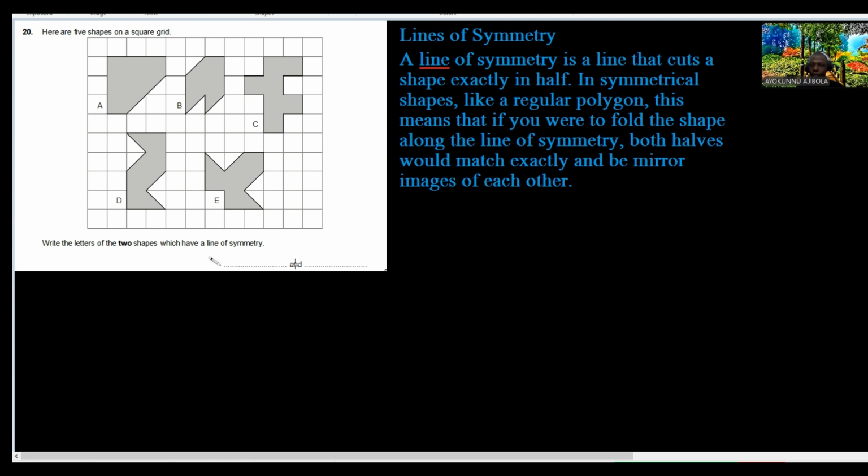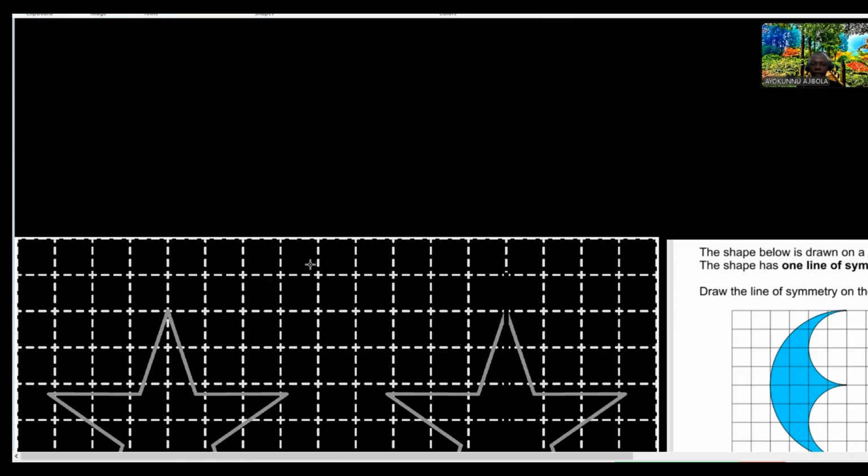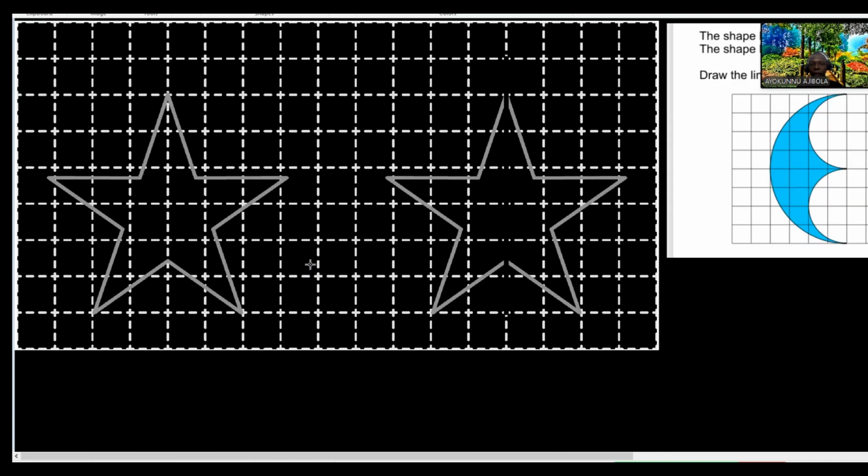Okay. Before we deal with this question, let's look at some structures or images here. I have this on the left. It's a star. So if I use a line of symmetry, let's say this thick line here, to cut it into halves, okay?